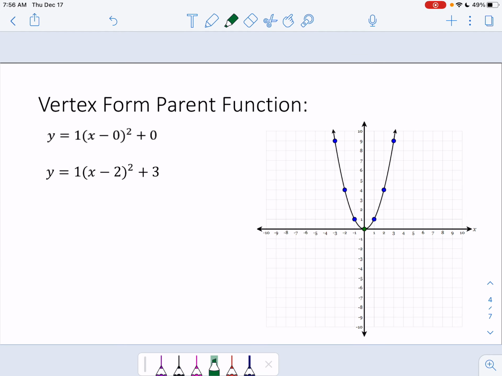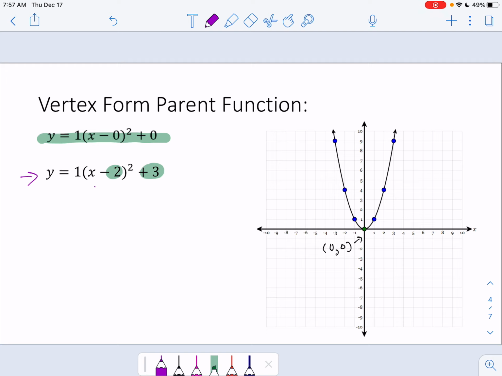Now changes in these numbers change where our function is. What you'll see graphed already is our parent function with its vertex here at 0, 0. And now we're going to graph y equals 1 times x minus 2 squared plus 3.